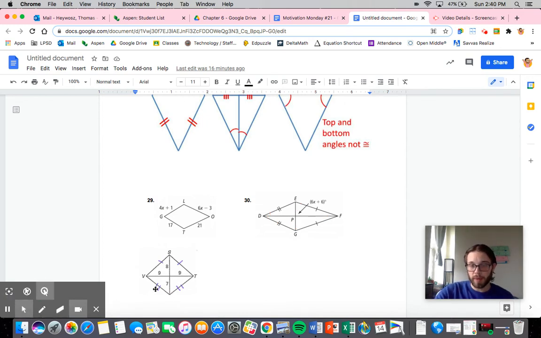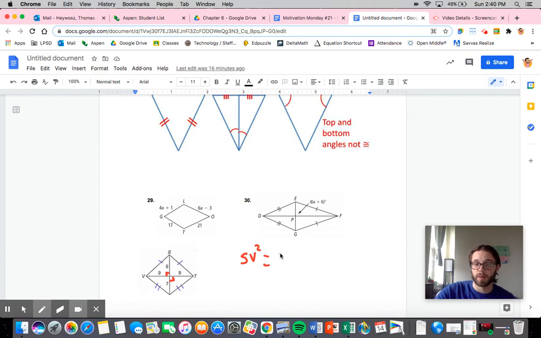Now, on this one, my goal is to find all the sides. Well, how can I find all the sides? Simple enough. These are right angles, right? Because those are right angles, I know that these are right triangles. So that would mean this side over here, SV, that's the hypotenuse.